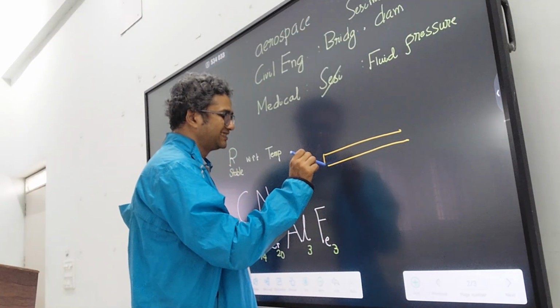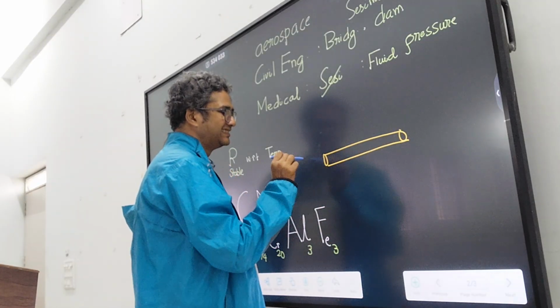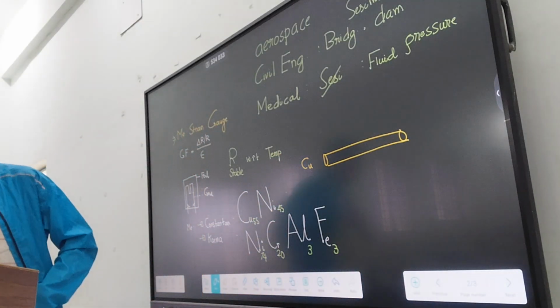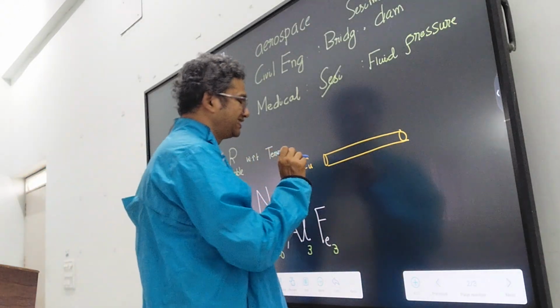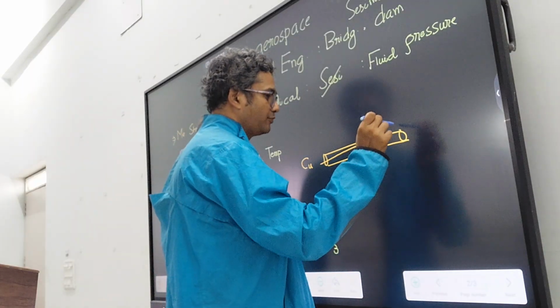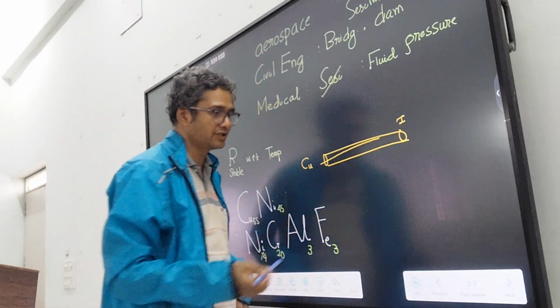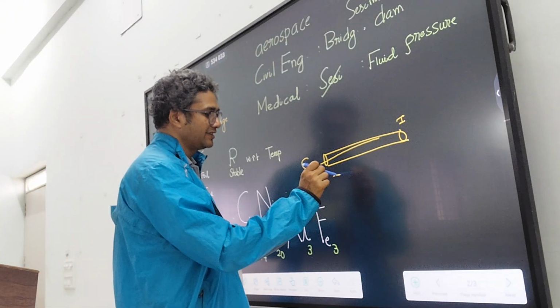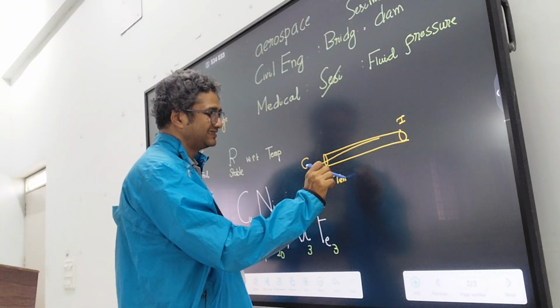This is a copper wire. It is a good conductor of electricity. So it is causing current to pass. Basically, electrons are moving in the opposite direction. So now, if you increase the temperature here, what will happen?